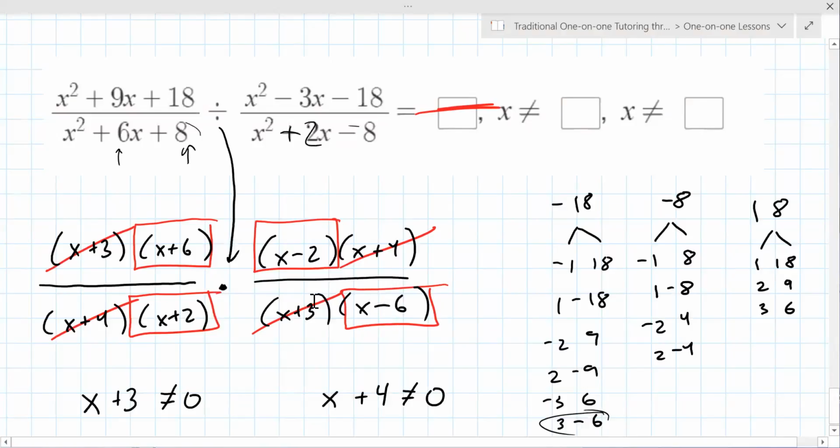Okay, I'm ready. So what I wrote down on the bottom here, and I think hopefully you can see this, is the ones that cancel. We canceled an x plus 3, and we canceled an x plus 4. You set those not equal to 0, and that produces -3 and -4. So the ones that cancel are always what become the not equal to's.